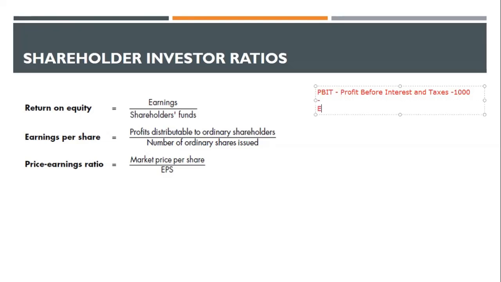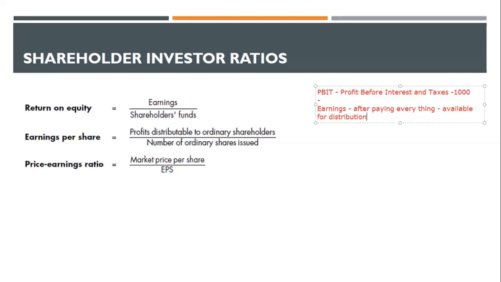So when we use the word earnings, it means after paying out everything, what is available for distribution. Don't get confused about whether it is PBIT or net profit.